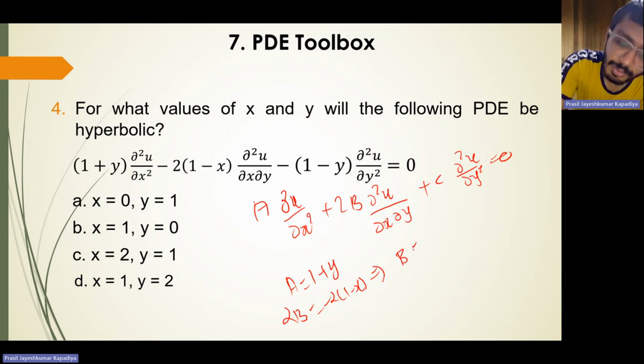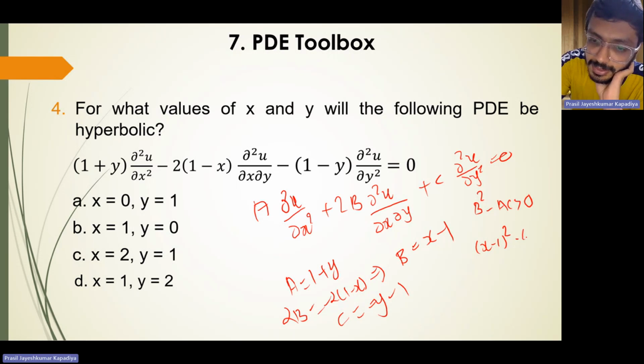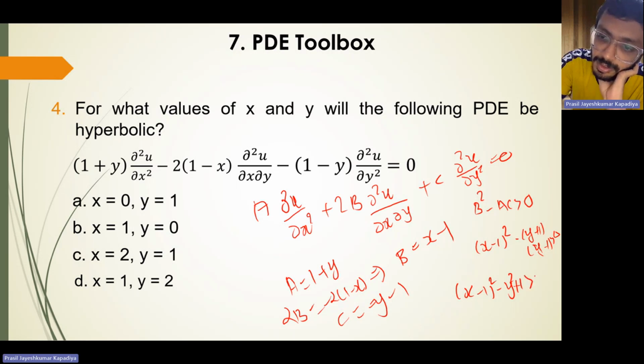Therefore my b is minus of (1 minus x), so x minus 1, and my c is minus of (1 minus y), that is y minus 1. My condition for hyperbolic is b square minus ac greater than 0. So (x minus 1) whole square minus (y plus 1)(y minus 1) greater than 0. So (x minus 1) whole square minus y square plus 1 should be greater than 0.